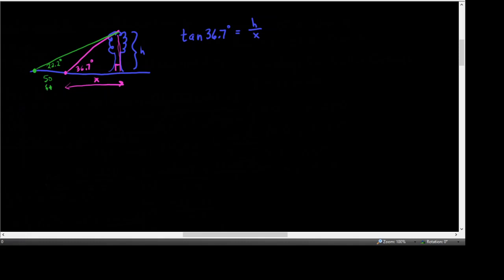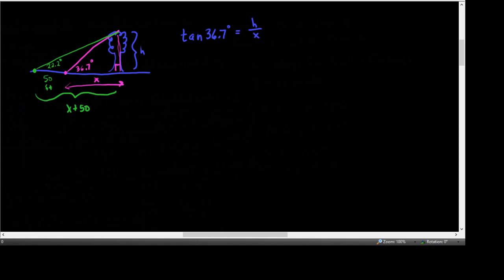Well, that's why they gave me this other point. So is there a right triangle I could draw using the 22.2 degrees? Well, the adjacent side for it is how long? And this is the tricky part. Yeah, it's x plus 50 away from the base of the tree.